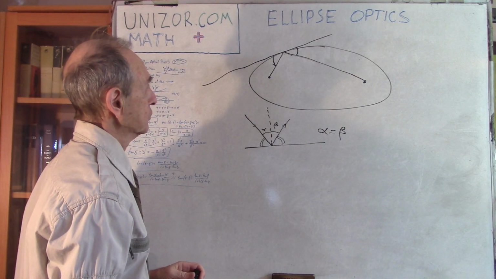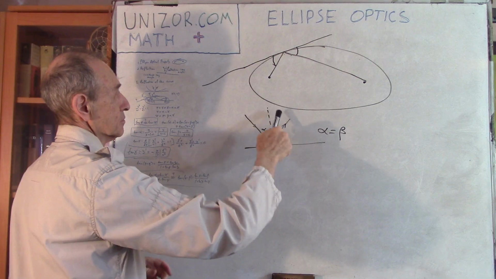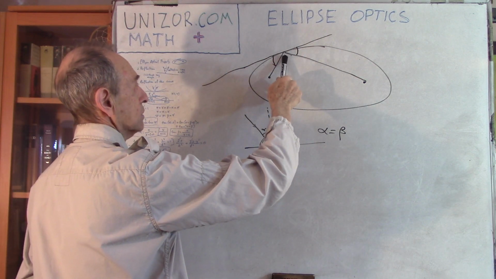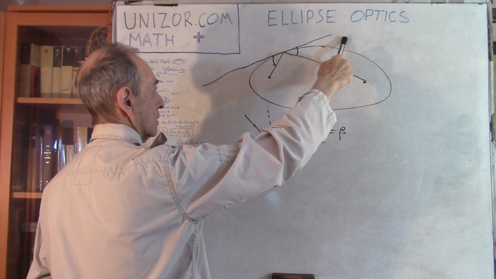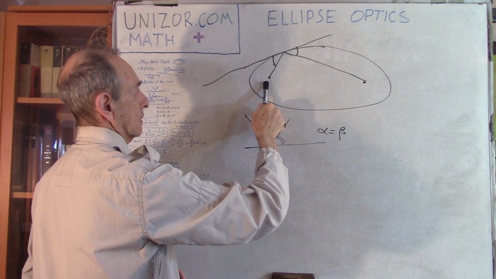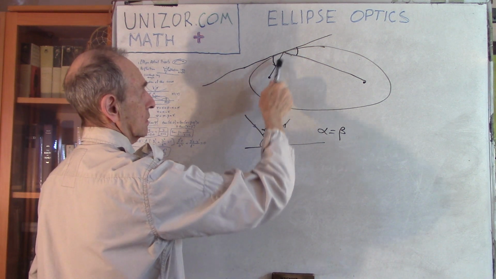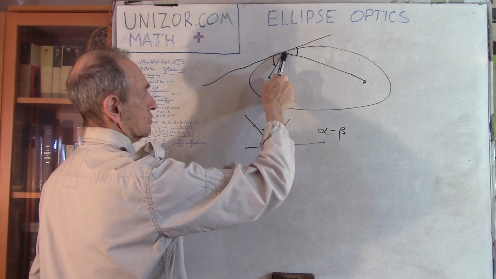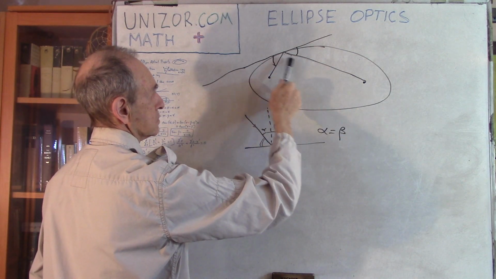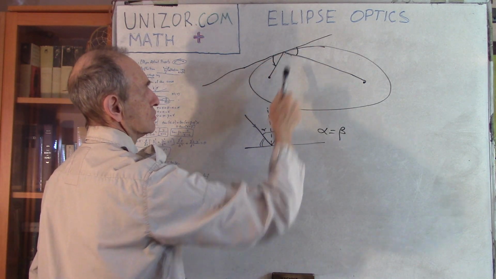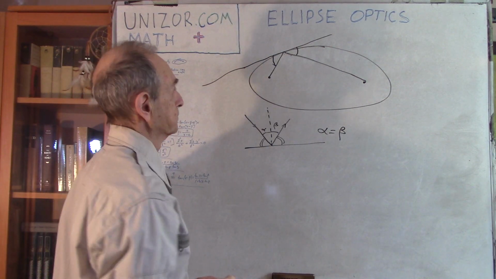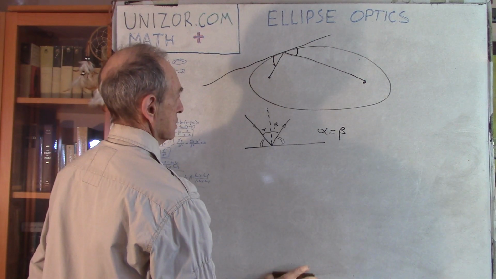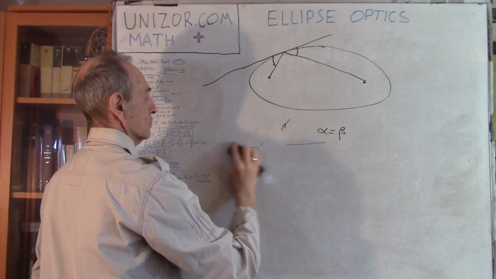So that's basically how we put the task in front of us. We have to prove that if this is an ellipse, and this is any point on the ellipse with its tangential line, then if you draw a straight line from one focus to this point and then from the other focus to the same point, these two angles are the same. Okay? So that's what we have to do. All right.